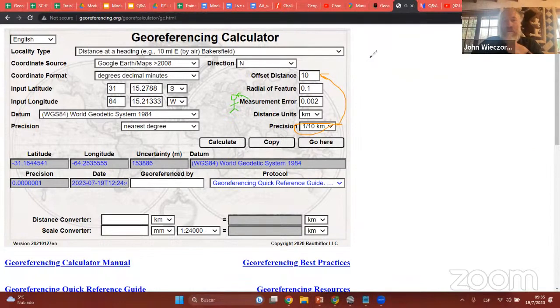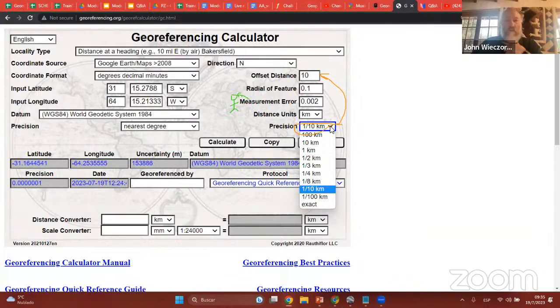And usually the measurement error is going to be something very small, something in the realm of 10 meters or somewhere around there, where the offset precision could be any of those values on the precision selection box, which will depend on the distance units that are used.